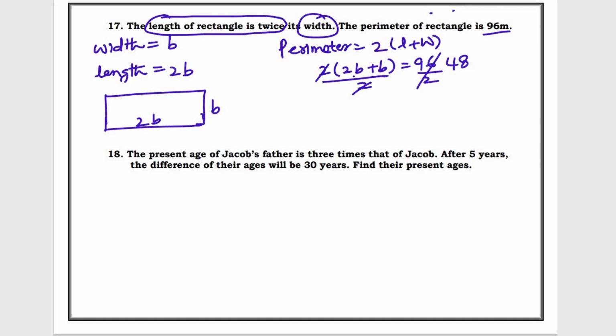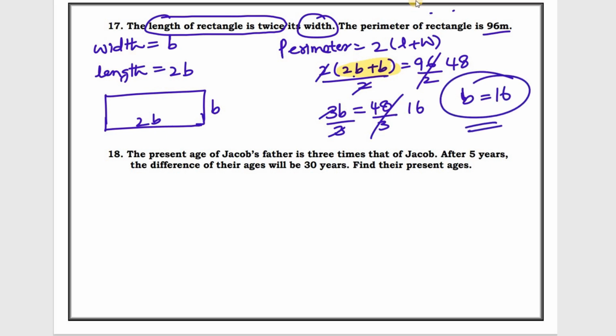So in brackets, if you add 2b plus b, that gives me 3b is equal to 48. If I divide by 3 here, 3 cancels out. 3 16s are 48. So what I got here is b is equal to 16. If b is equal to 16, what is b actually? Width, right?